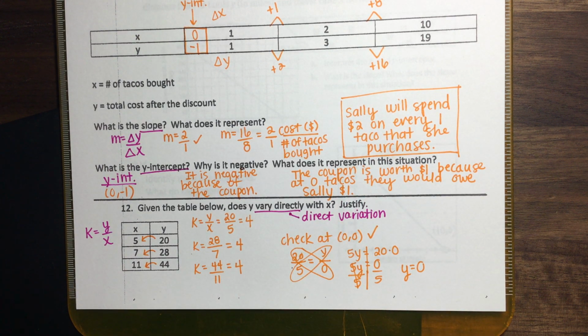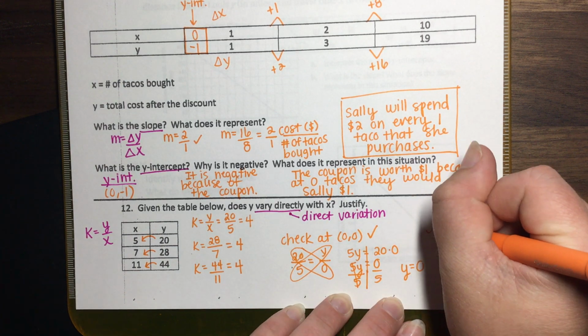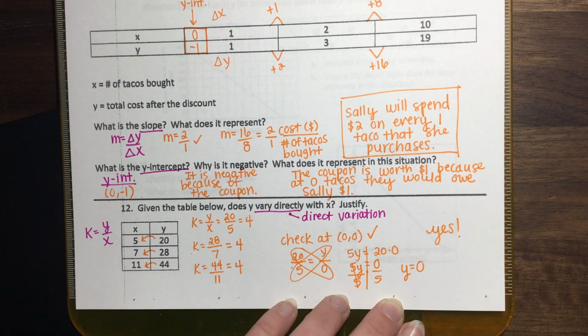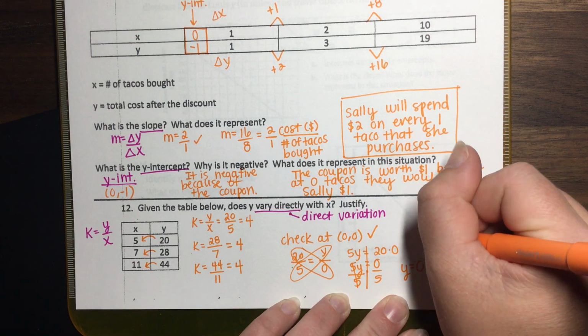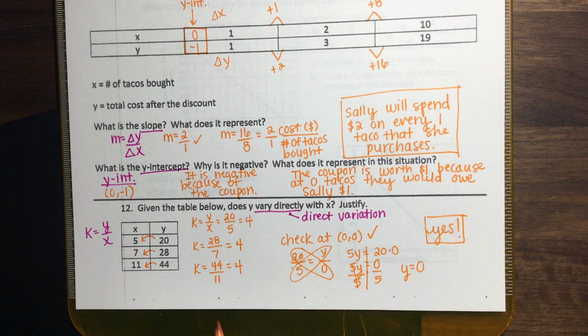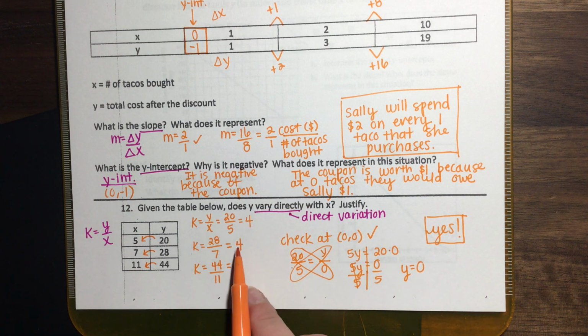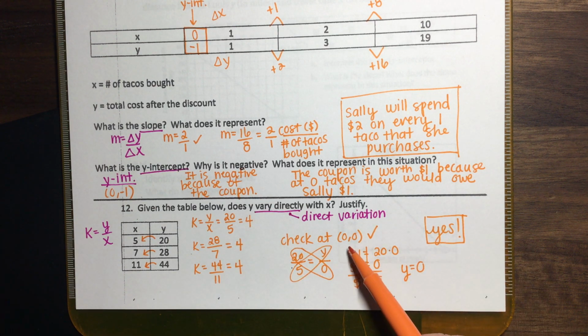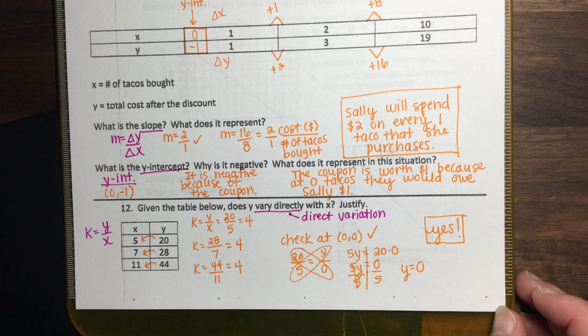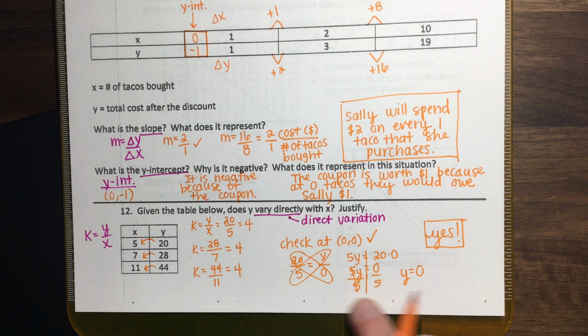We just double checked it. So yes, it is a direct variation problem. We showed that there is a constant variation, all of them are 4s, and we also checked that it goes through the origin.